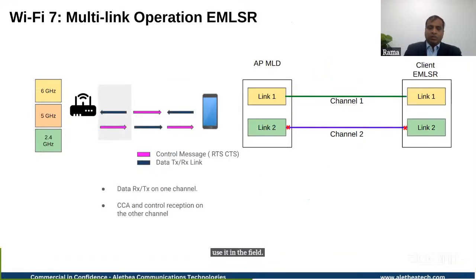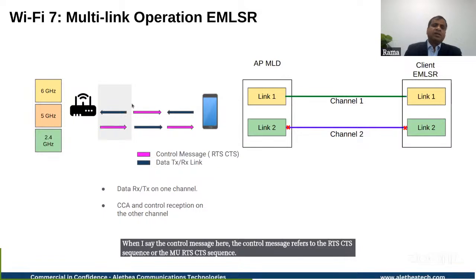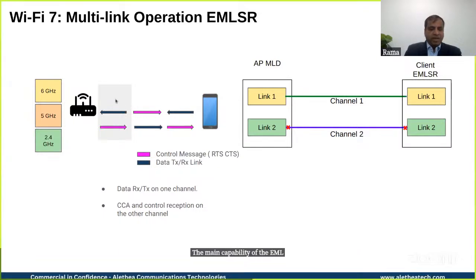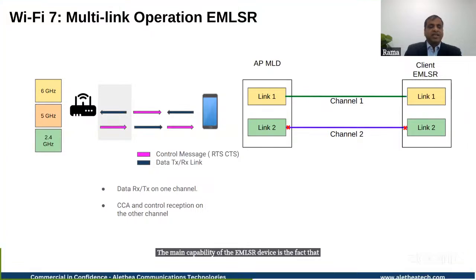The next one would be EMLSR. Just to give a little more context, when I say the control message here, the control message refers to the RTS CTS sequence or the MU RTS CTS sequence. The main capability of the EMLSR device is the fact that it can listen to the other channel as far as control reception is concerned.